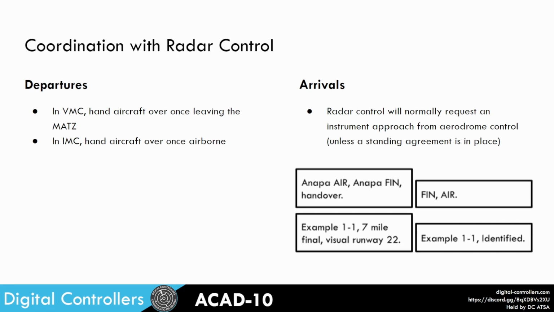So they will call for a handover, then they will give some details. So for example 11, 7 mile final visual approach runway 22, and then you would identify them either on your radar or by looking out of the window.